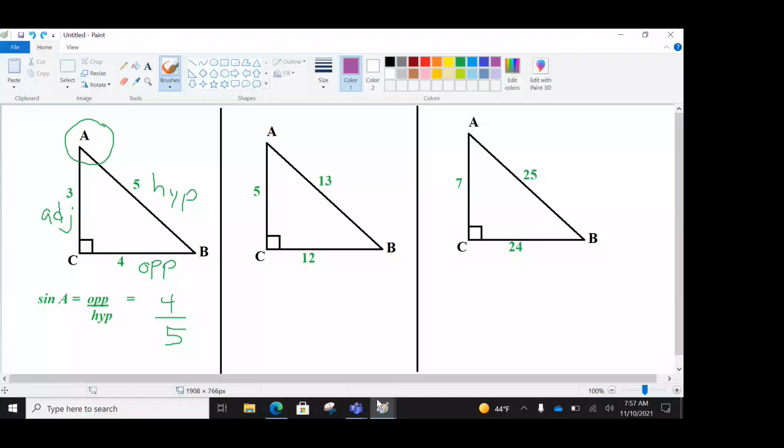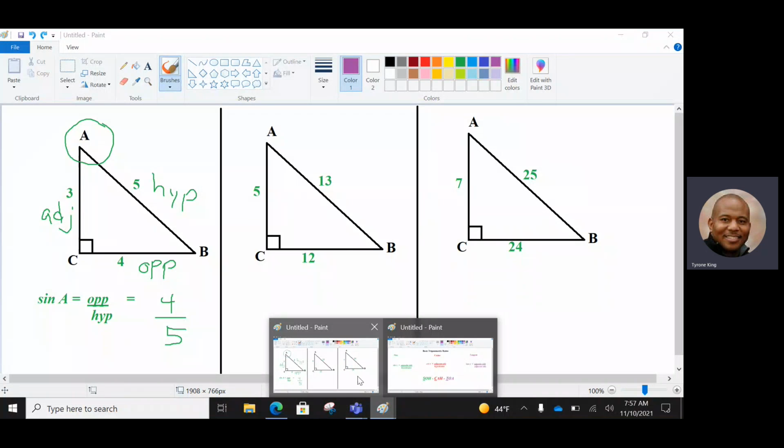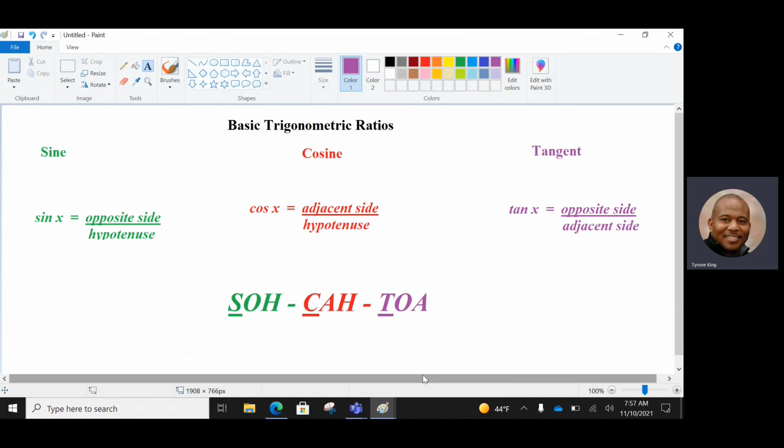So I'm going to share my screen, and we're going to talk about the three basic trig ratios. Our first trig ratio is sine, S-I-N-E, but the abbreviation is S-I-N.